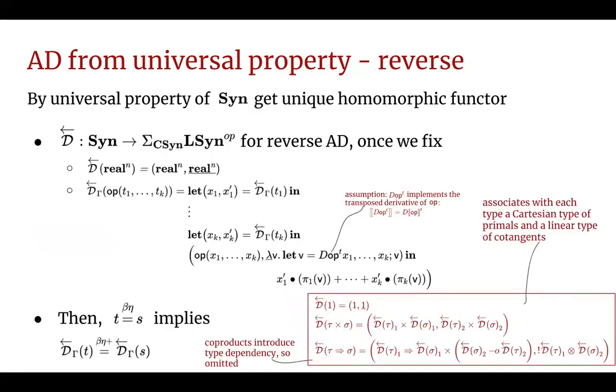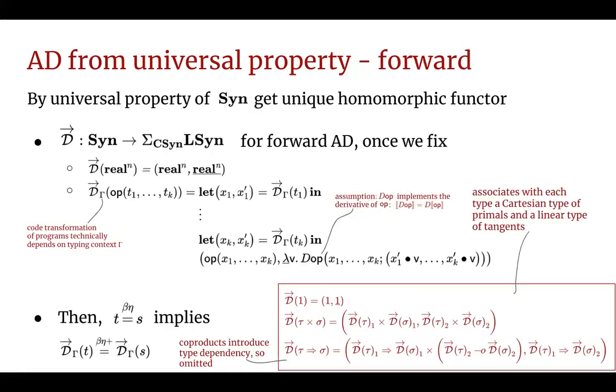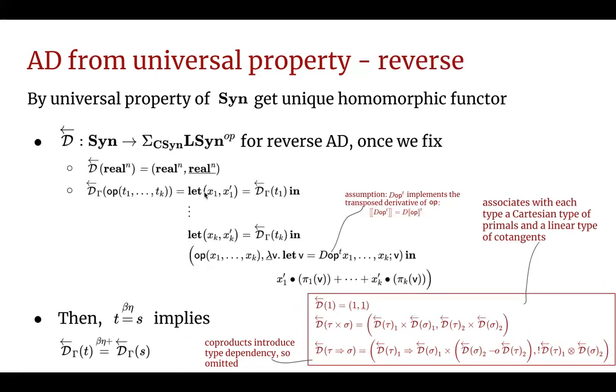Okay, so we can do something similar for reverse AD. You'll notice that it's basically the same as the previous. So we again start with something very similar. The type of primals and cotangents associated with n-dimensional real vectors are just n-dimensional real vectors. That's the obvious definition to start with. And the derivative of a basic operation, again, is achieved by first differentiating all the arguments and then applying the operation to the primal values.